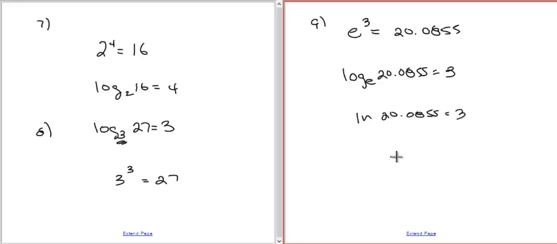So that's the answer. What that's saying is, what do I need to raise e to get 20.0855? And the answer is e cubed is 20.0855. The next one goes the other way.